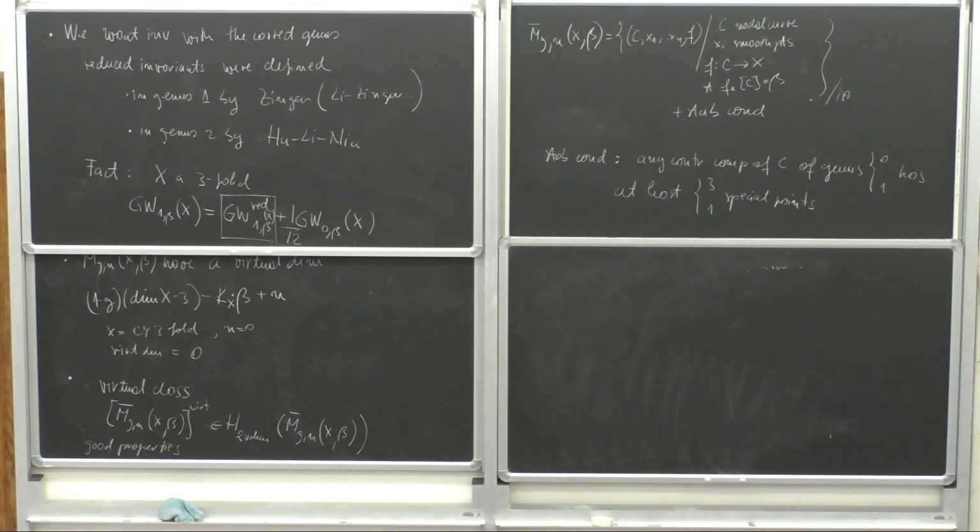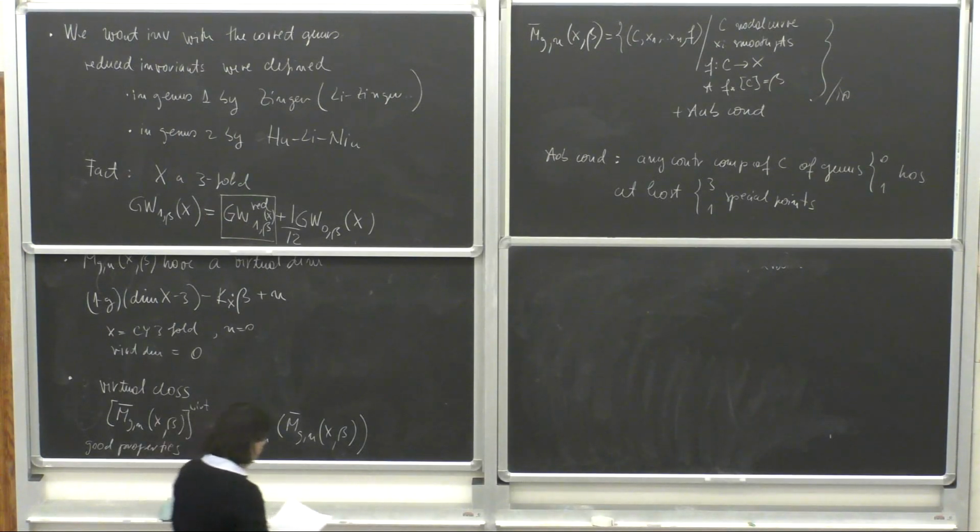And when you put them together, you get the Gopakumar-Vafa formula. So yeah, I'm trying to come up with a moduli space so that the definition is more intrinsic, not in terms of a formula. But yeah, okay.